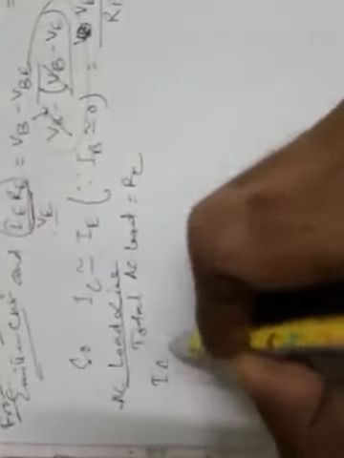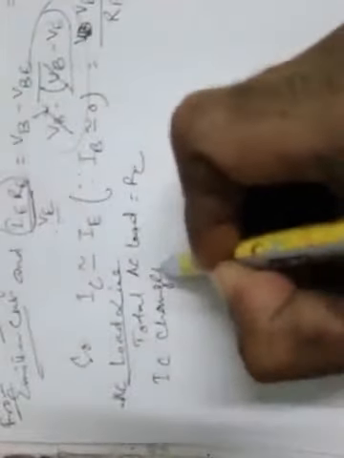So if IC changes by del IC, and accordingly if VC changes by del VC, then we can write del VC is equal to minus del IC into RC.